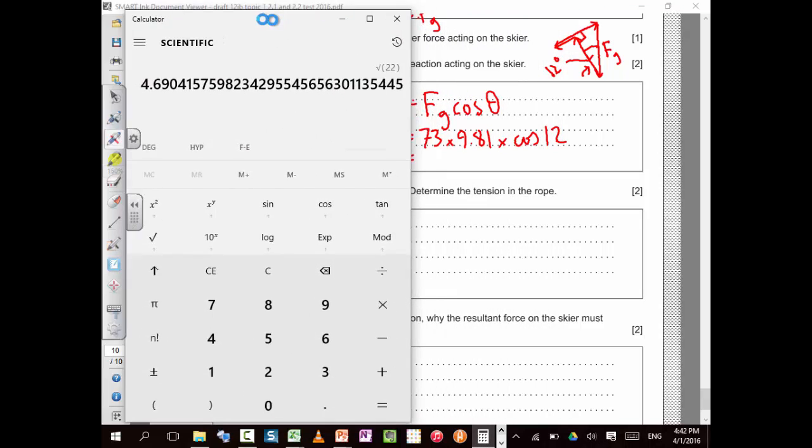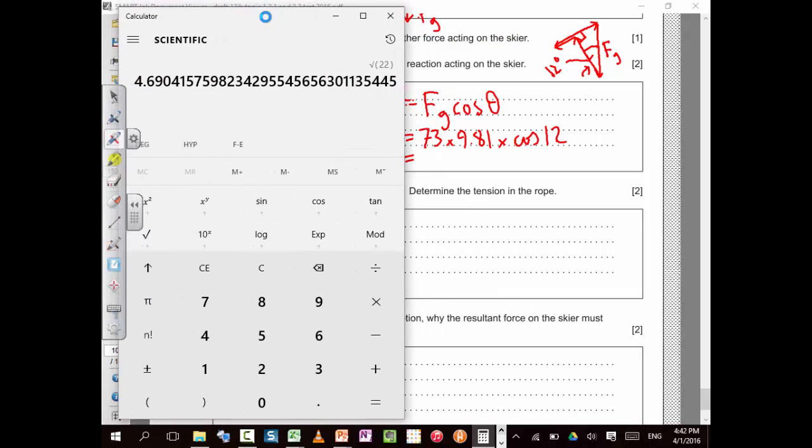So it was 73 times 9.81 times cosine 12 is equal to 700.48.